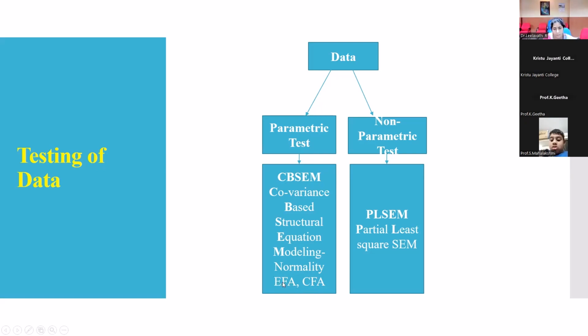Exploratory factor analysis is statistical, while CFA is a diagrammatical representation of the data, because a model should be diagrammatic. So we have to confirm that the exploratory factor analysis is statistically good, and the diagrammatical representation is also fine.